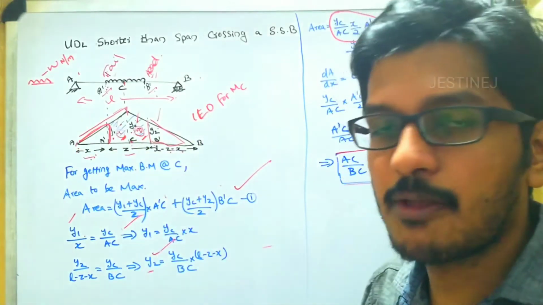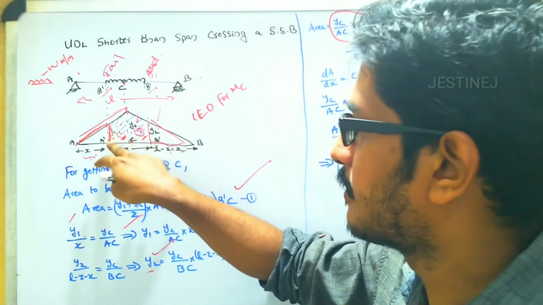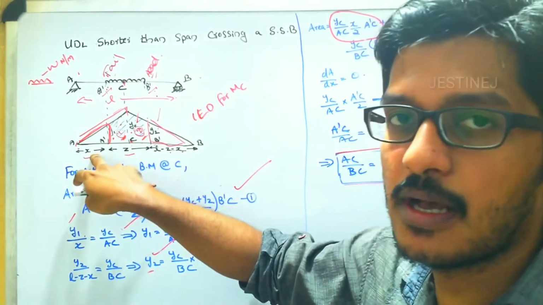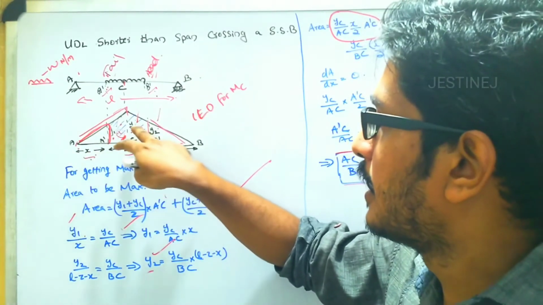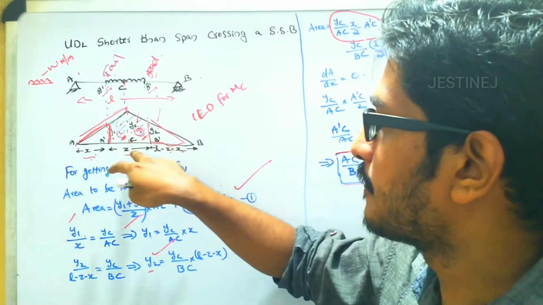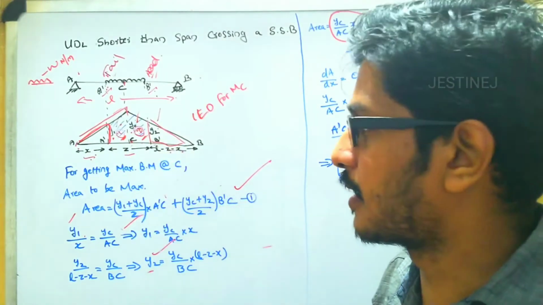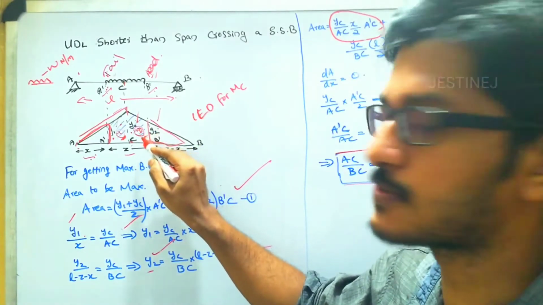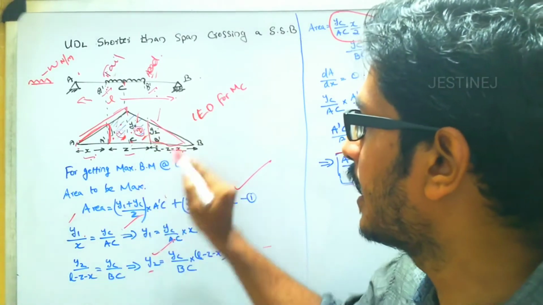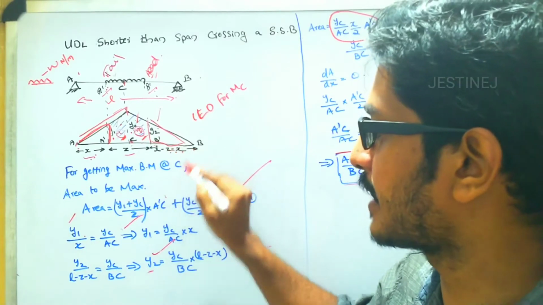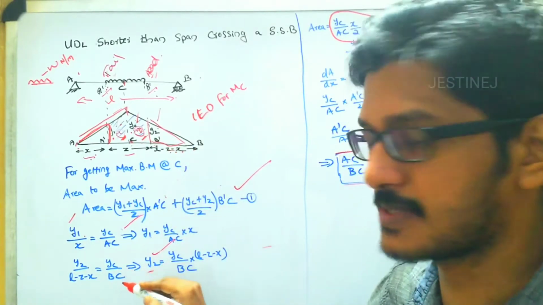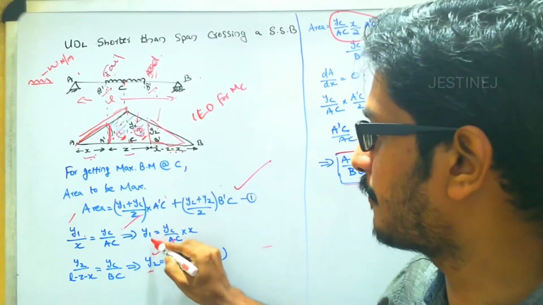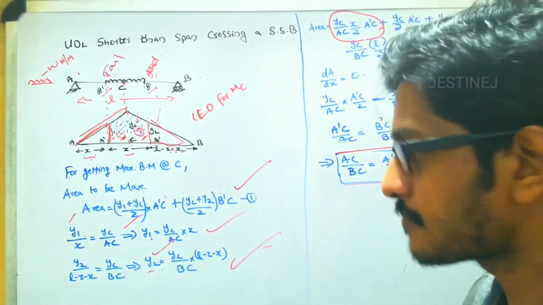That is written here: Y1 by X, in the smaller triangle, equating to YC by AC, in the bigger triangle. Similar triangle property is applied here. Similarly, you can apply in this case also, so you will get Y2 by (L minus Z minus X) equals YC by BC. So you can write Y1 and Y2 in this format.